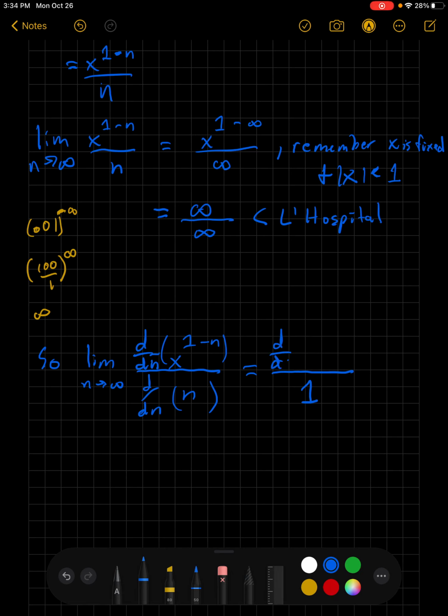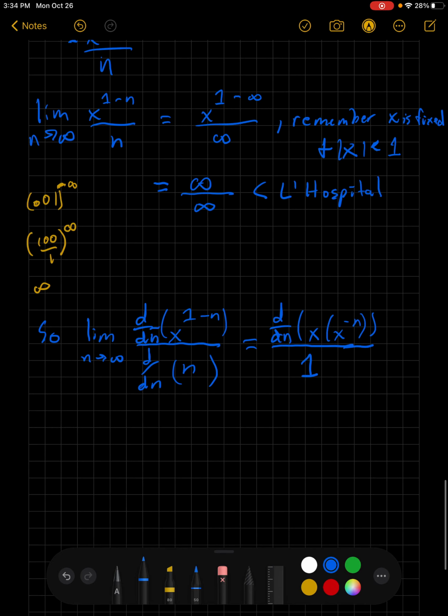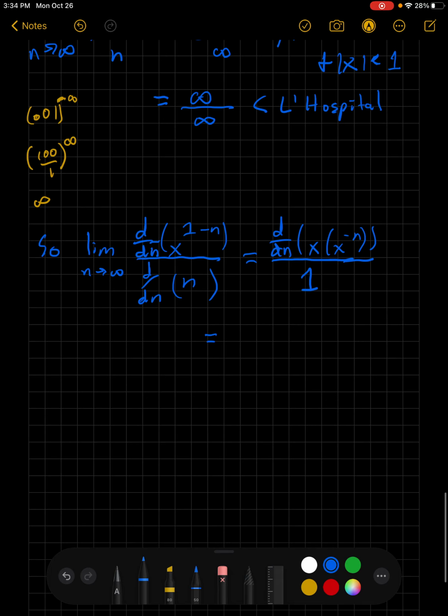This is the derivative with respect to n of x times x to the negative n. Why am I doing that? Well, x is a constant, so this is really going to equal x times the derivative of x to the negative n.